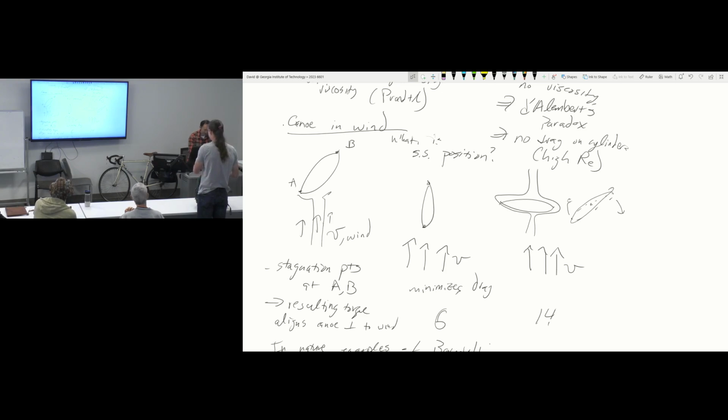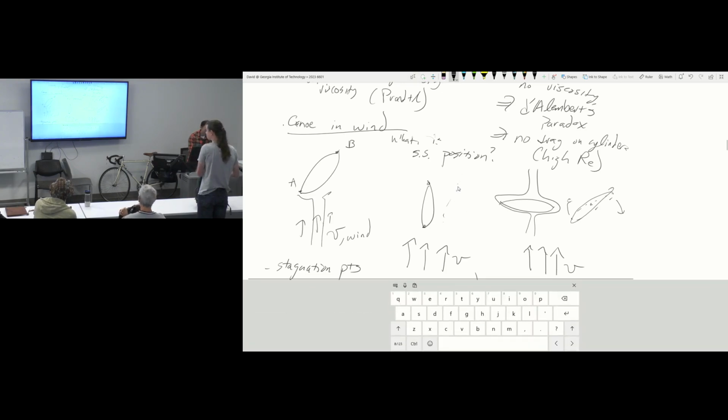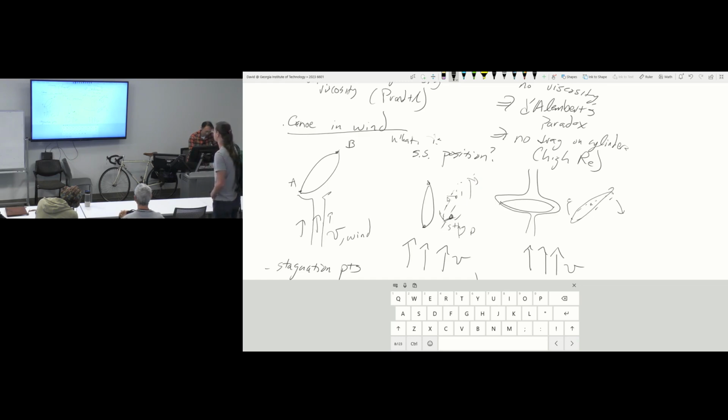Well, you can imagine in this case, if you have any kind of tilt off this way, this one's going to want to go back, and this one's going to want to go forward. The stagnation point will be here, and that's going to give you a lever arm. That stagnation point pushes you this way, and probably the stagnation point on the front is enough to think about it.